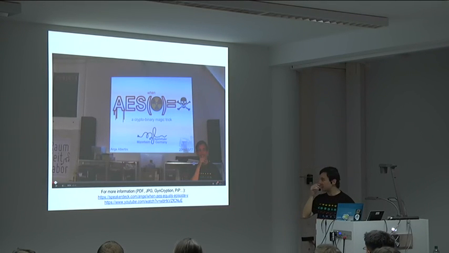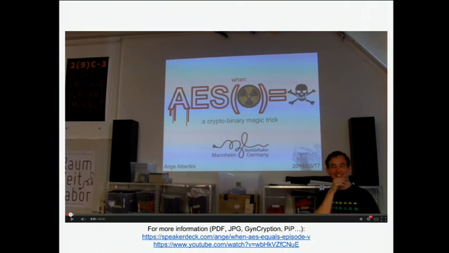And if you want more details about the other file formats, because here I only covered PNG, then I did another talk, a bit more technical, I think, at Raumzeitlabor in May.